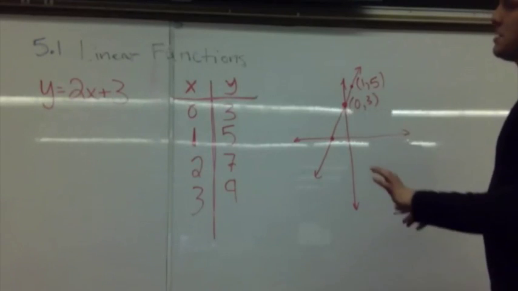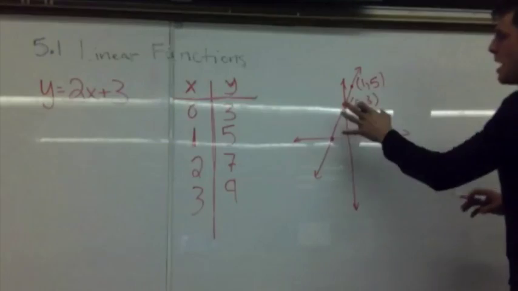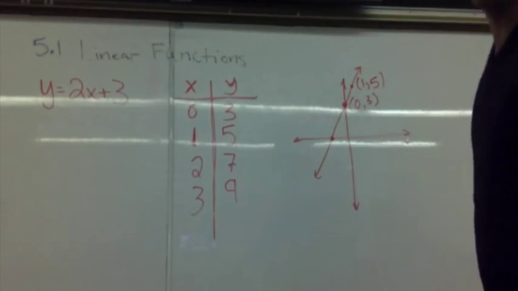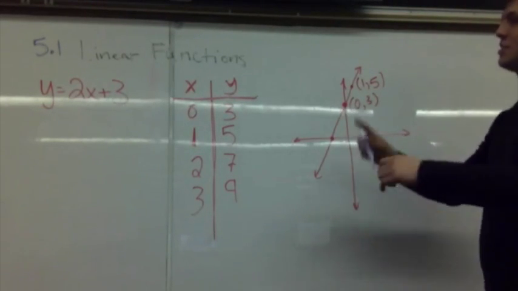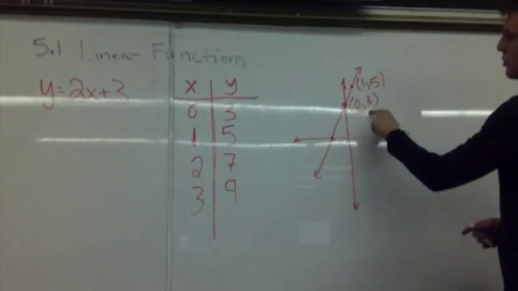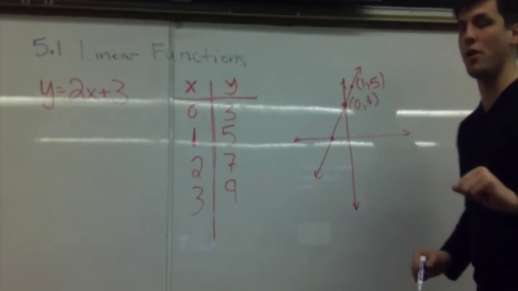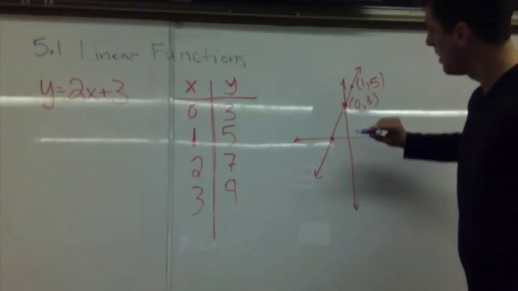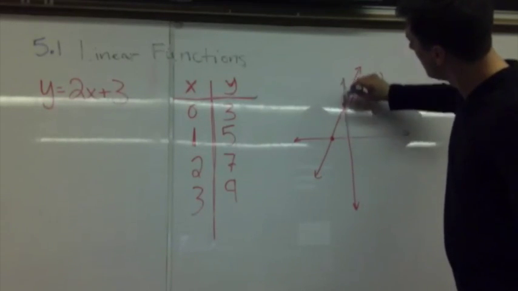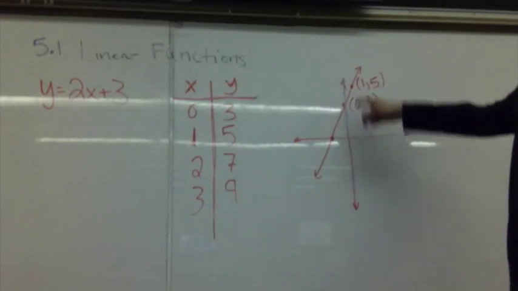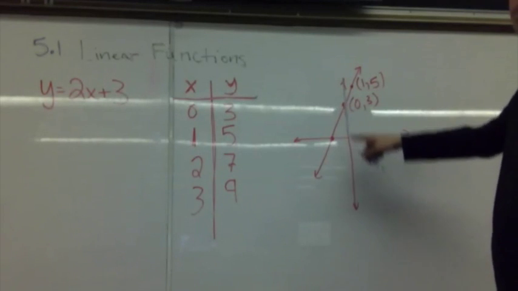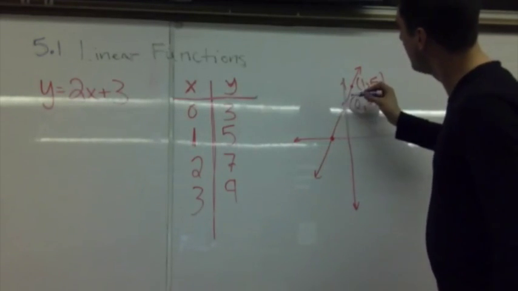And so I want you to maybe look between the equation, the table, and the graph and start to see some similarities. For example, one similarity that you might see is that there's this reoccurring point, 0, 3. 0, 3 right here, 0, 3 right here. That is a very significant point because our b value is the value of whatever point hits the y-axis on this line.